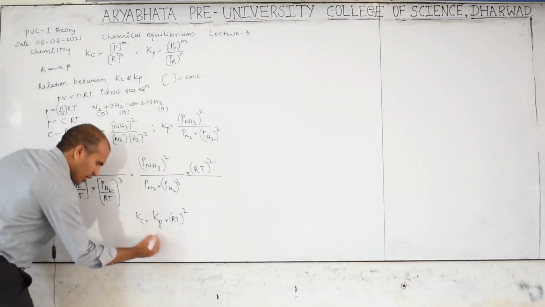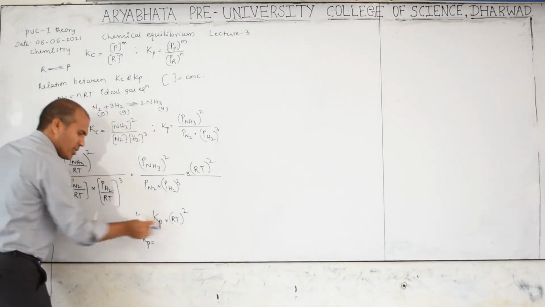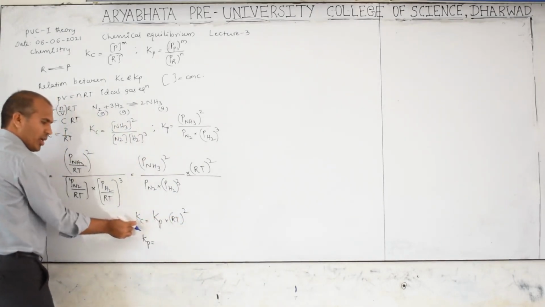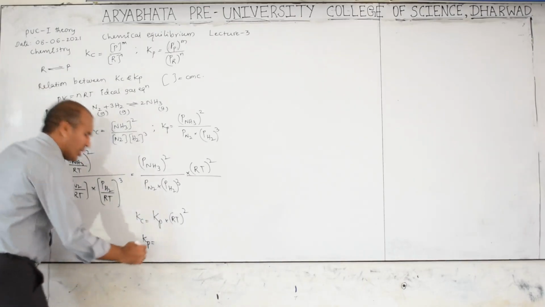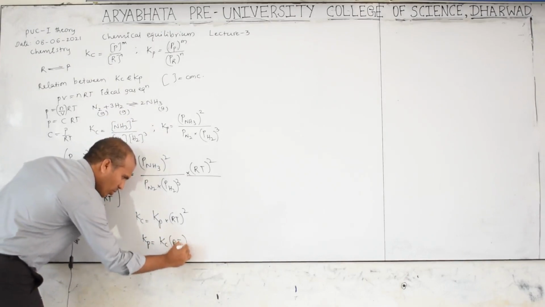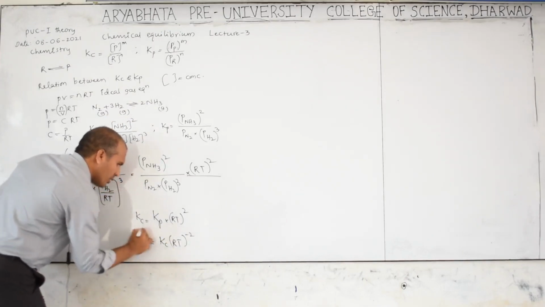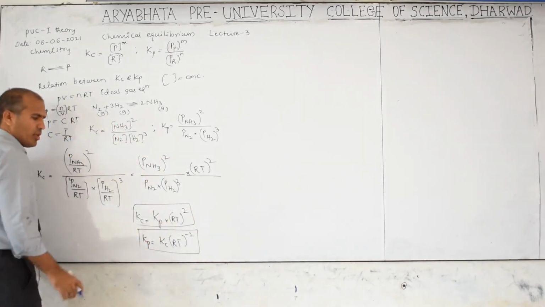If you rearrange this equation, Kp is equal to Kc RT whole power minus 2. This is the relation anyone may ask in a competitive exam.